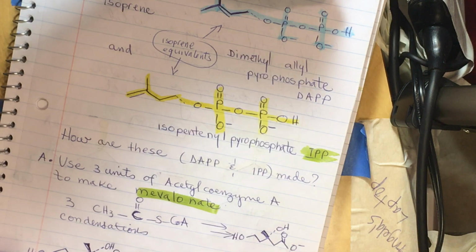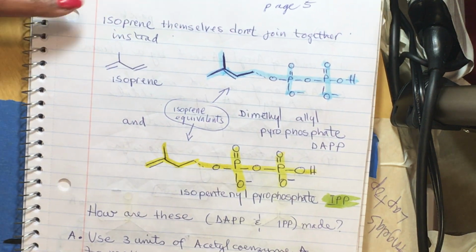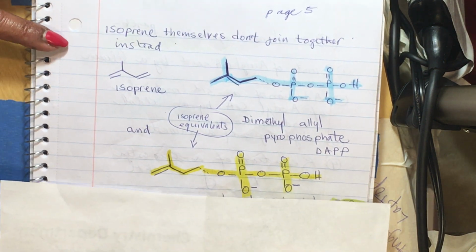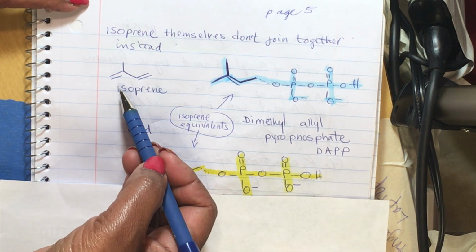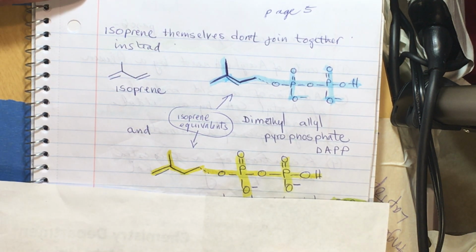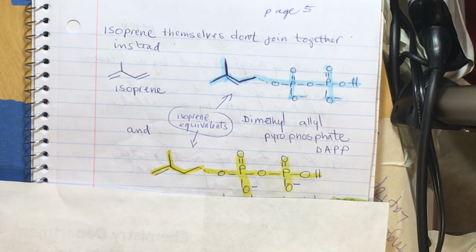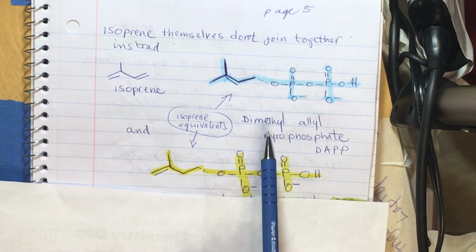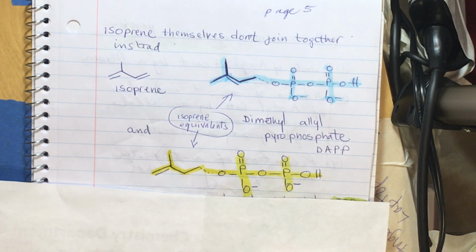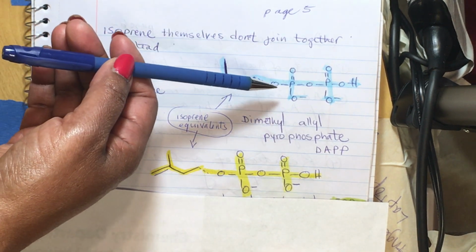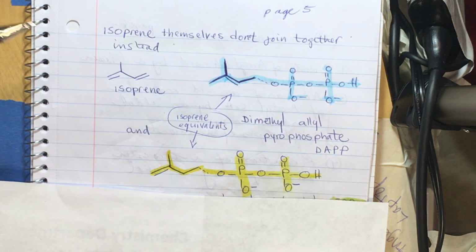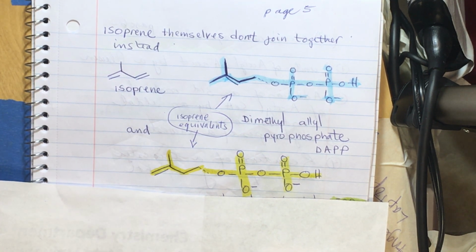A little more. Instead of using the molecule of isoprene per se, this is isoprene, we're going to use 2 isoprene equivalents because that reaction, as we showed, just joining together is not going to work. But instead, we will be using a phosphorylated unit that can work for an SN2 reaction to eliminate one of the 2 phosphate units and increase in carbons by 5.